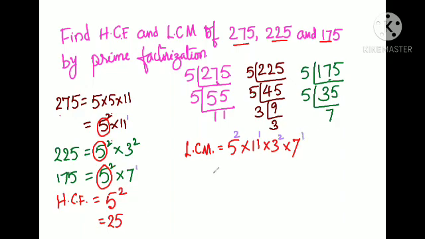So select the highest power of all the factors. 5 square is equal to 25, and 11 power 1 is 11. 3 square means 9. This is 7. By multiplying all together, we get 17,325. This is the LCM of the three numbers.